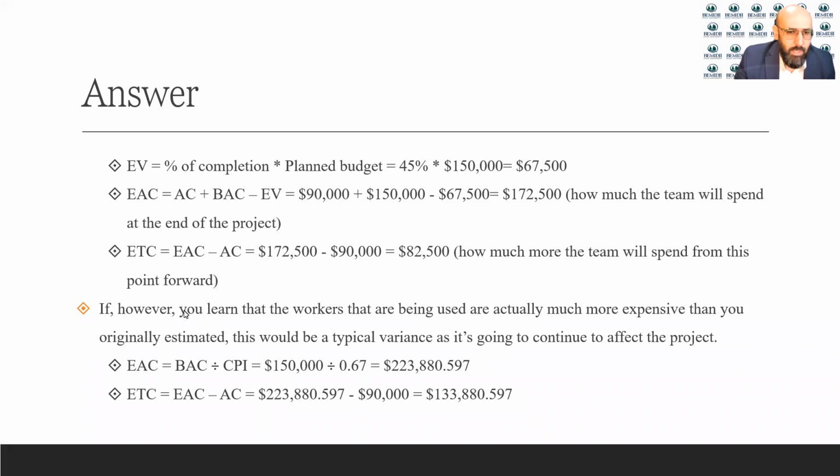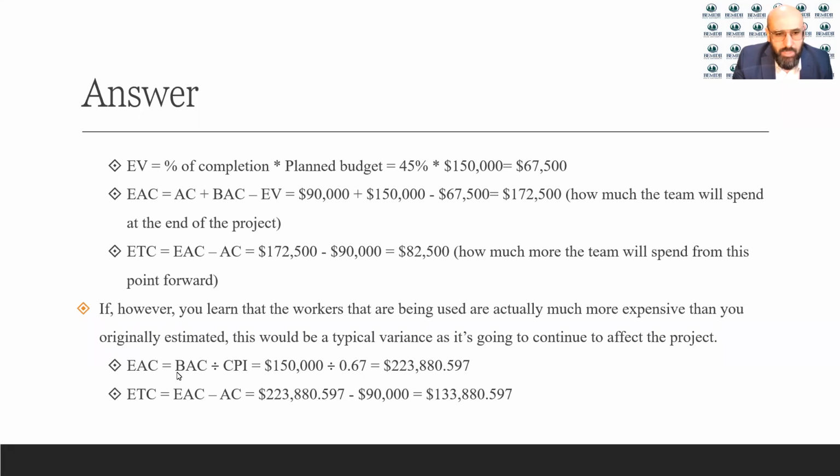However, if you learn that the workers being used are actually more expensive than you originally estimated, this would be a typical variance, and it's going to continue to affect your project. So in this case, here's the ongoing variance, where we have to change the EAC and the ETC based on multiple factors and continuous changes for the project.